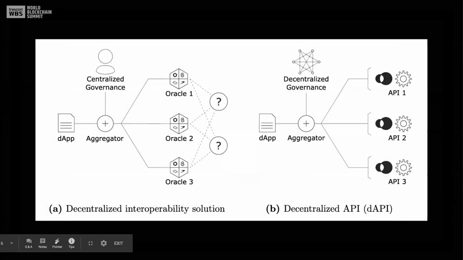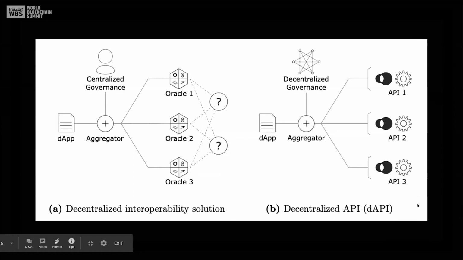So on the left are our existing solutions to the Oracle problem, or the off-chain data problem, however you want to call it. And on the right is what we are building with API3. So we're building what we call first-party oracles. So we're not ignoring the data source.